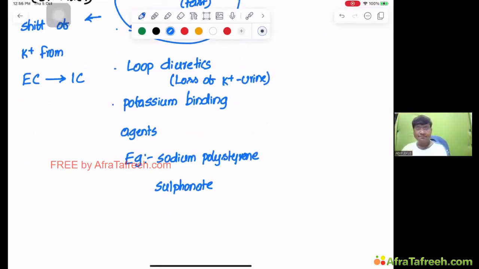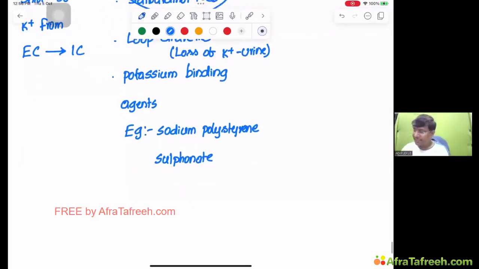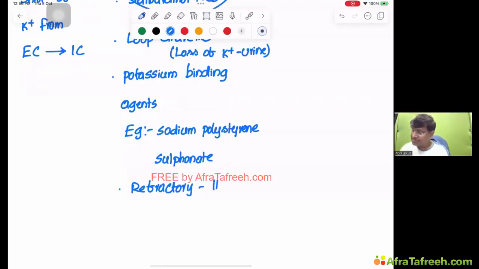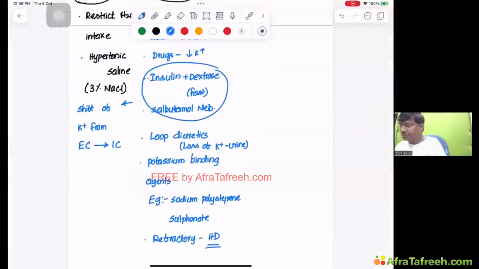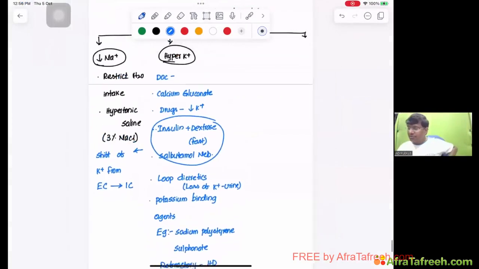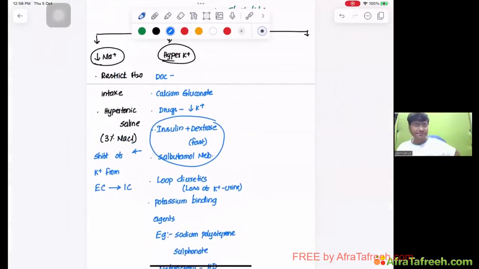It will bind to the potassium in the gastrointestinal tract and cause the excretion of the potassium. And in refractory cases, the treatment that we give is hemodialysis. So this is about your treatment of the hyperkalemia.